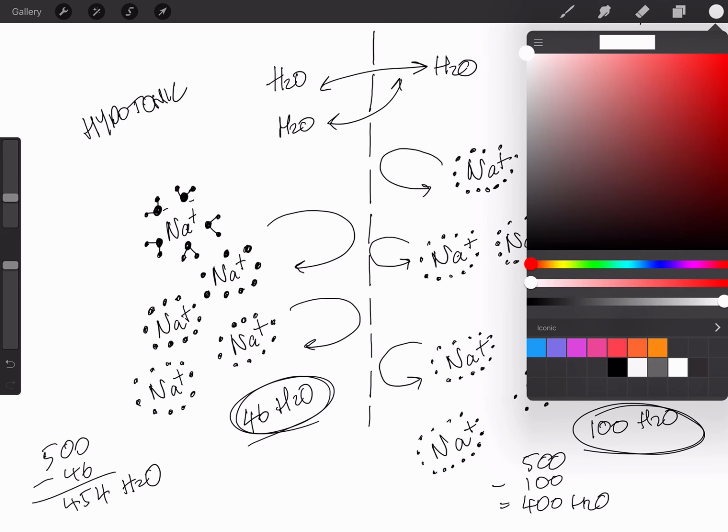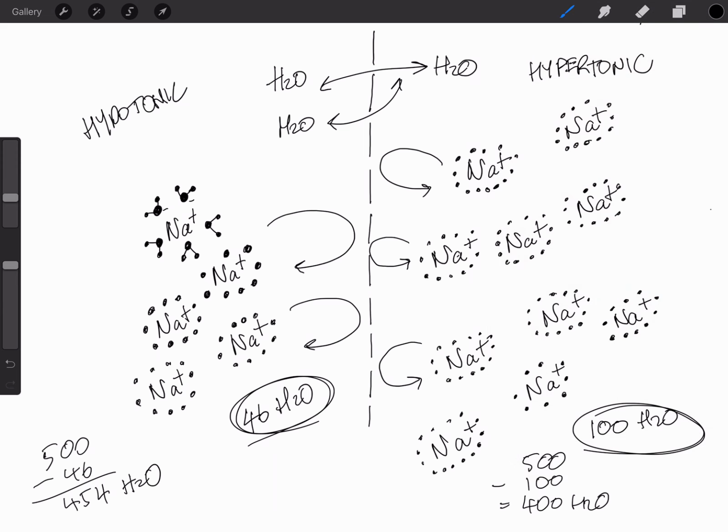If we draw something that represents this much free water on the left, and this much free water on the right-hand side, water's going to move, with the net direction of movement from left to right.